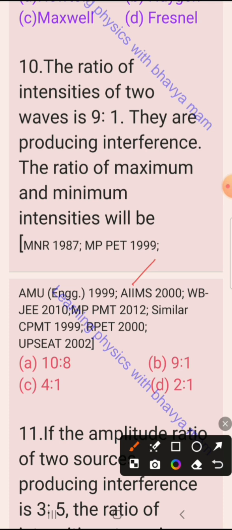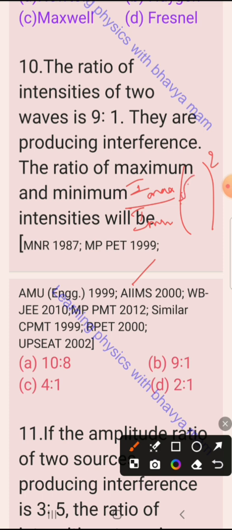So the formula is I max to I minimum is equal to, you can write in square bracket, square of, what is that?